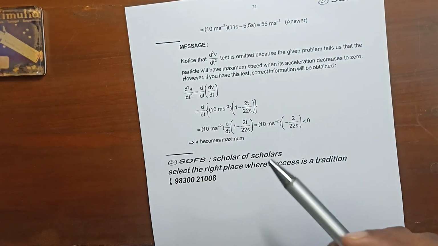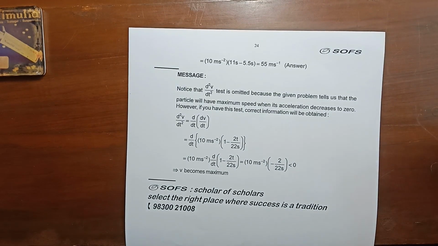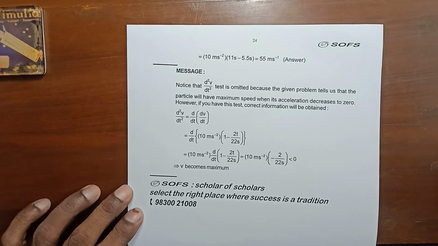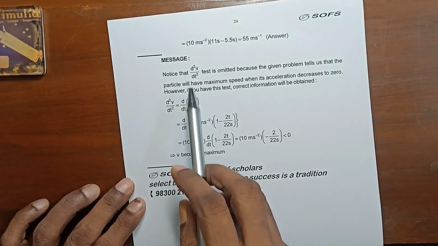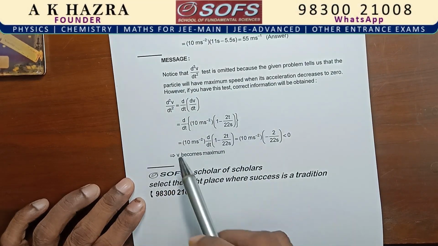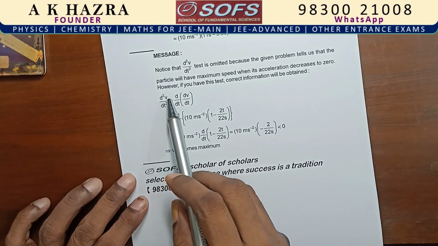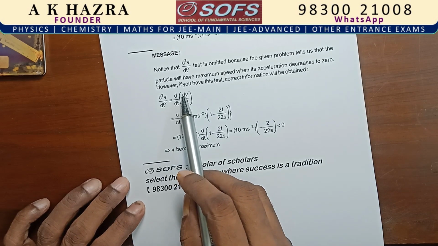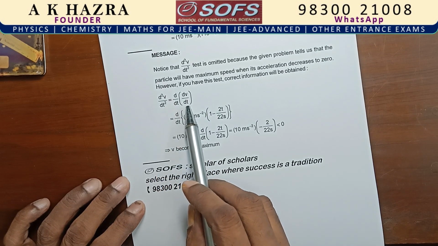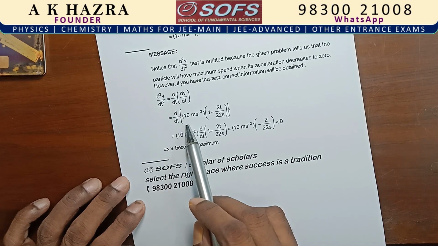Now you see, no need to check the second derivative, because we already know, as already explained, that when dv/dt is equal to 0, the velocity is maximum. But if you verify the second derivative, then also you see the second derivative must be less than 0. You can verify: d²v/dt² equals d/dt of dv/dt.